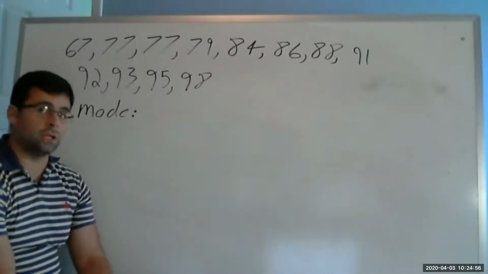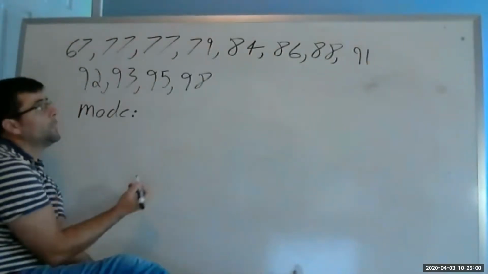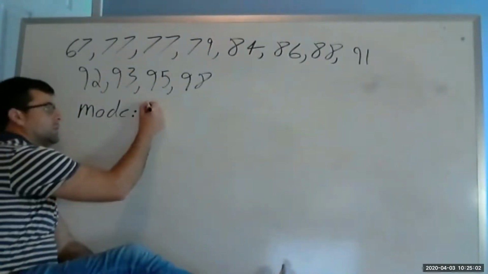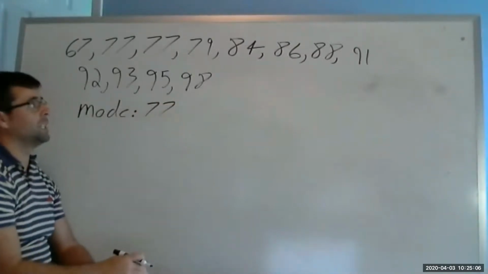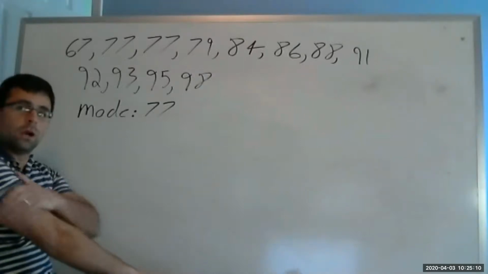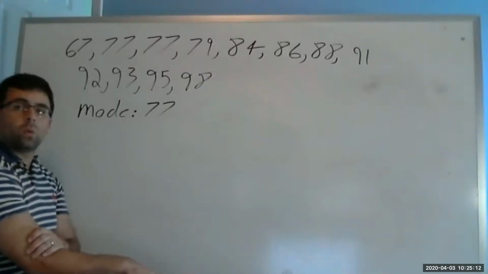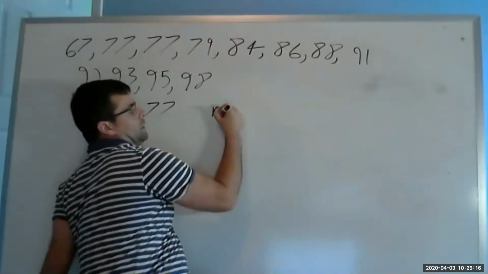So there's only one number that has more than one of itself up there. 77. Very good. 77. So 77 is the one that appears most often. All the other ones only have one. And what about the median?